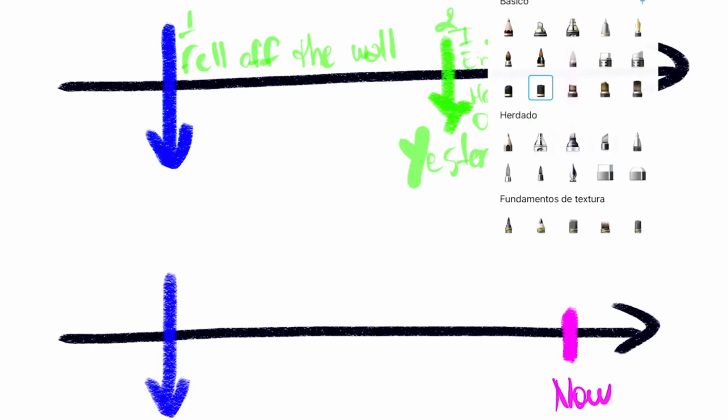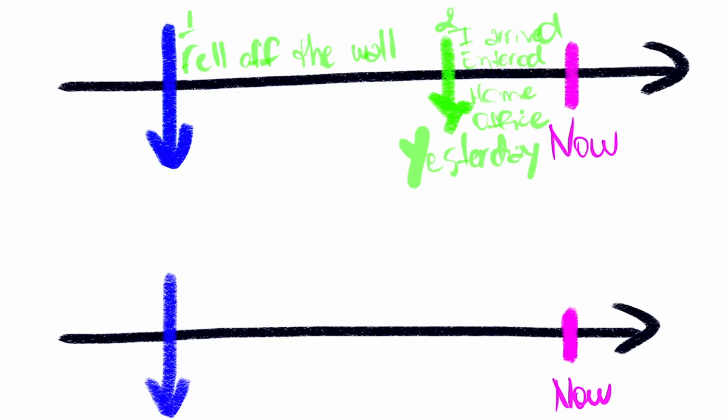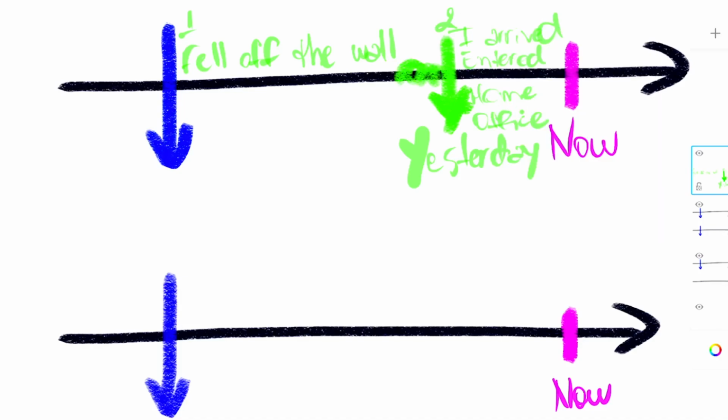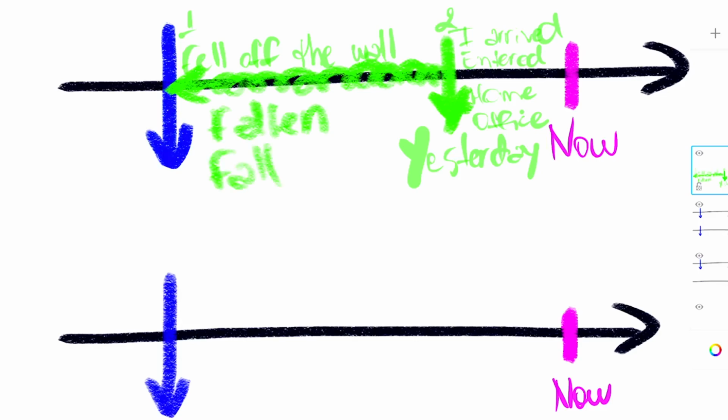When I arrived, when I entered my home office, I realized, oops, the picture had fallen, past participle of the verb to fall. Fall, fell, fallen. The picture had fallen off the wall.